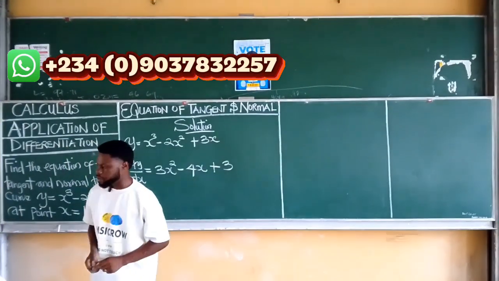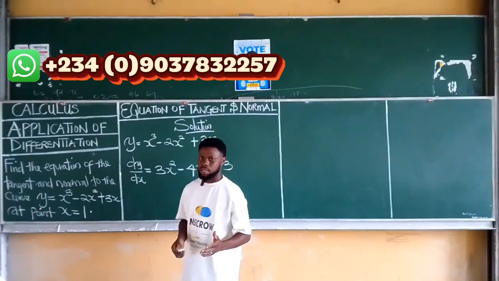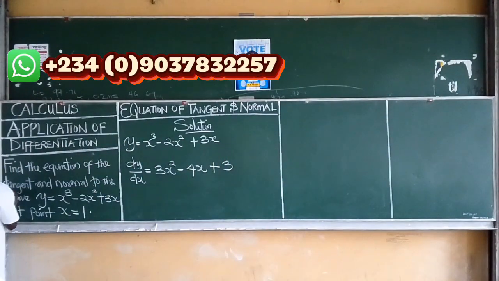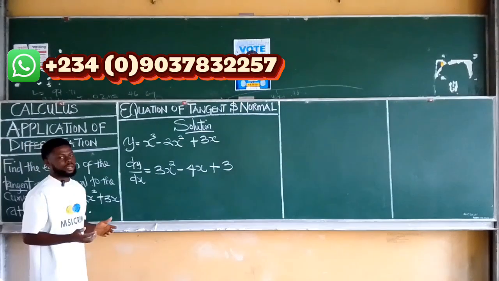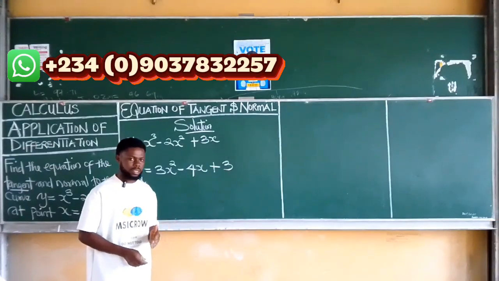Now, from the question given, we are required to determine two things: tangent and normal to the curve. So let's begin with tangent. To determine the equation of the tangent, we have to determine the gradient of the tangent.